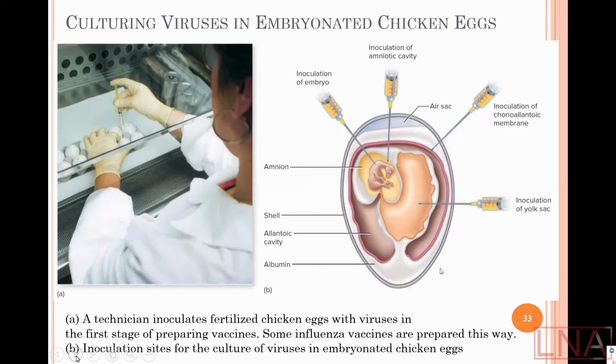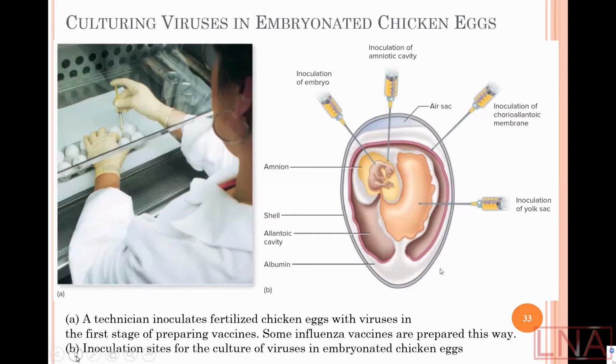There are several membranes in an egg, and the virus is injected near the one most appropriate for its growth. Viral growth is signaled by the death of the embryo, by embryo cell damage, or by the formation of pox lesions of the egg membranes.